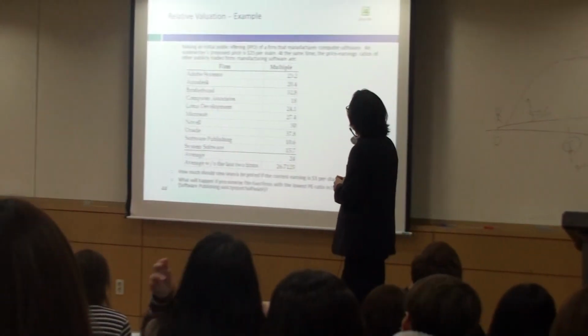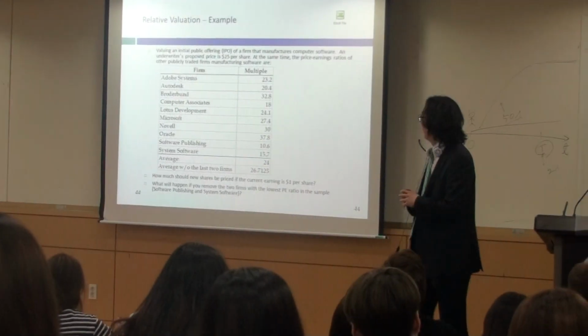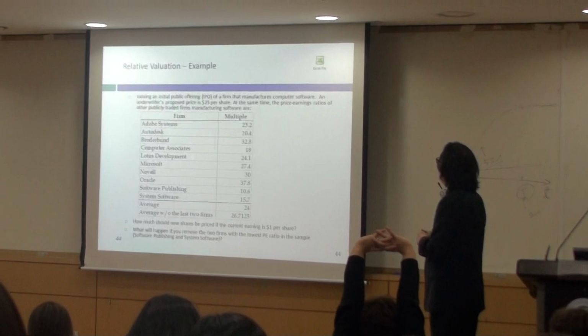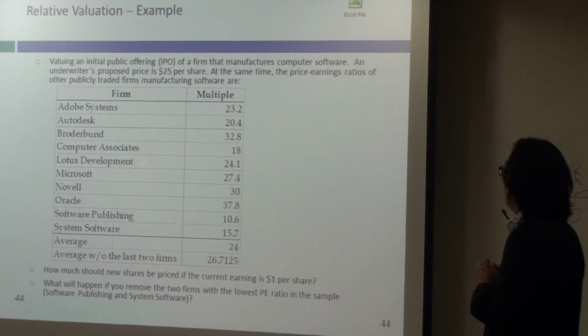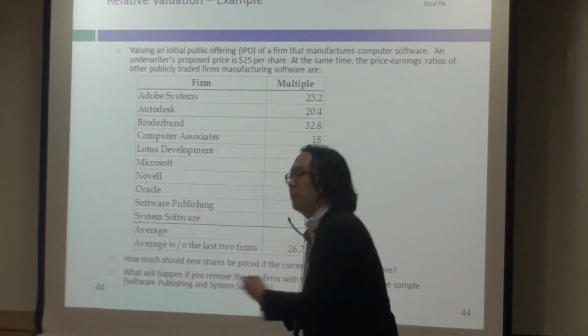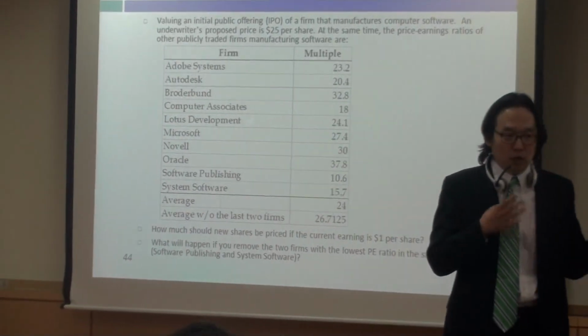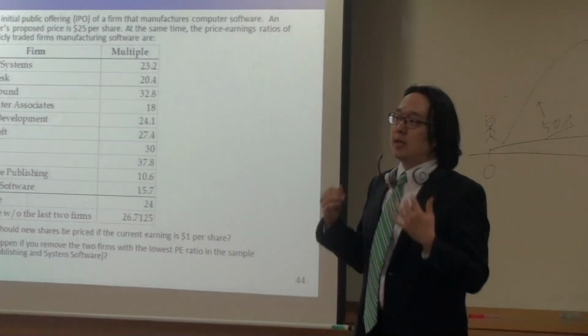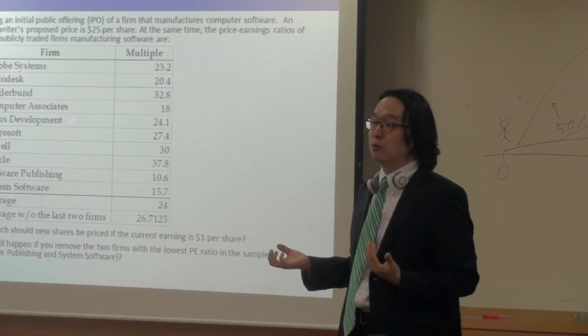Now, relative valuation, on the other hand, looks like this. Valuing an IPO, for example. Let's say you're trying to value a private company that's about to launch in the market, an IPO. What is an IPO? Initial public offering. You started a company as a private company, your mom and pop store.